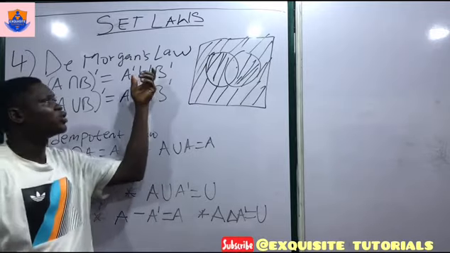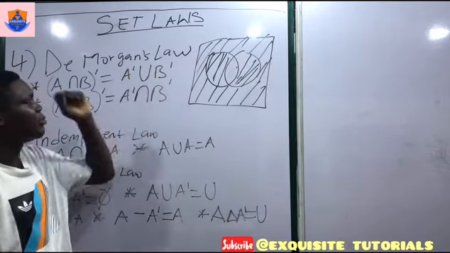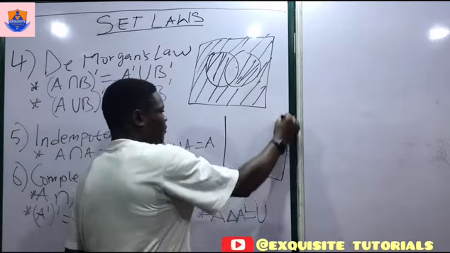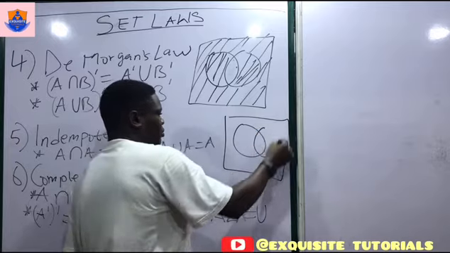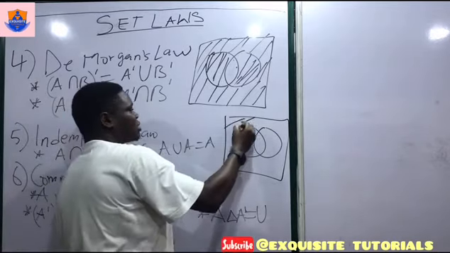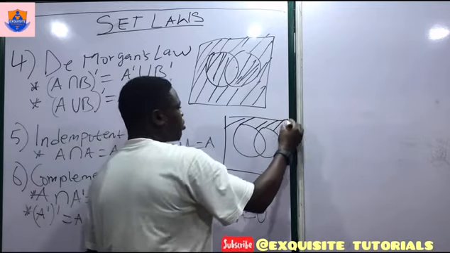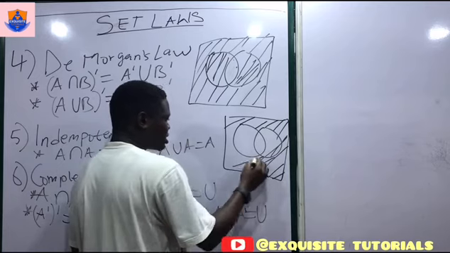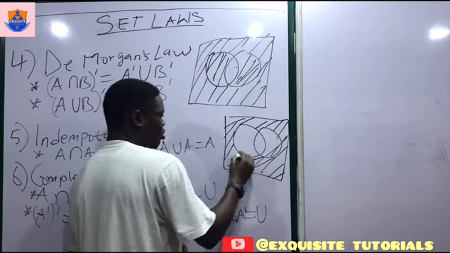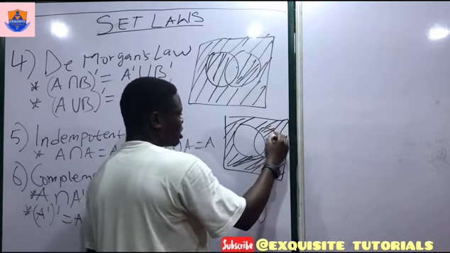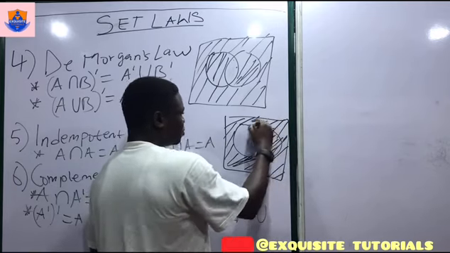So let's compare it with A complement and B complement. First of all, A complement are those elements that are in the universal set but not in A. So these are those elements, this region.